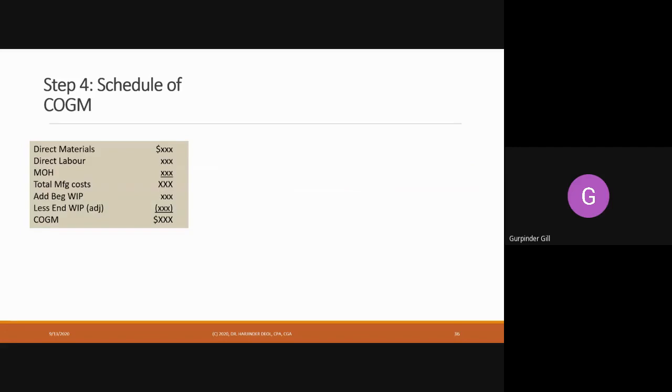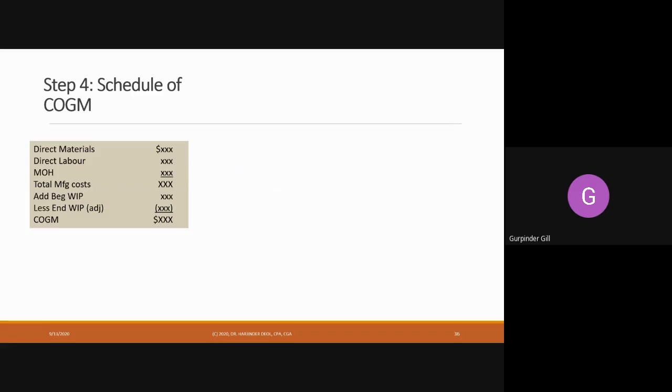That brings us to the last step for job order costing, which is preparing our schedule of cost of goods manufactured. Now, this is on a very high level. Your cost of goods manufactured is made up of your direct material, direct labor, and manufacturing overhead. All of those added together gives us our total manufacturing cost.